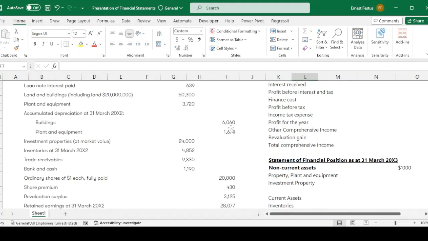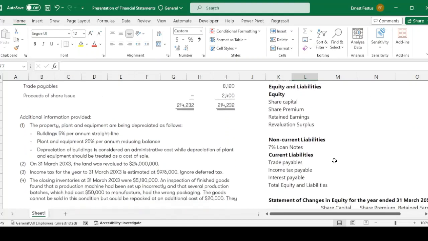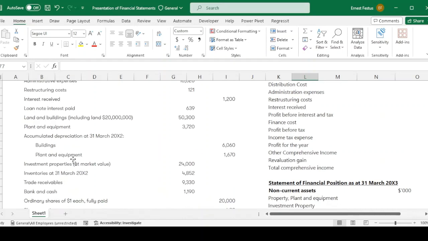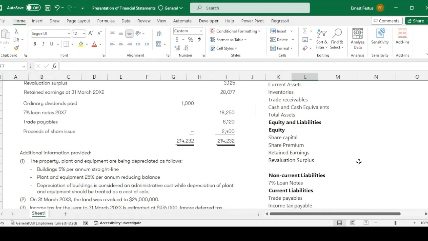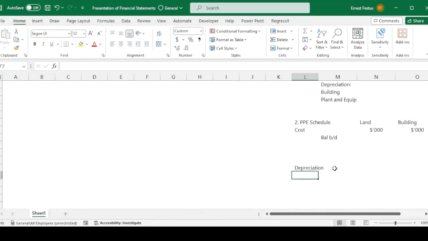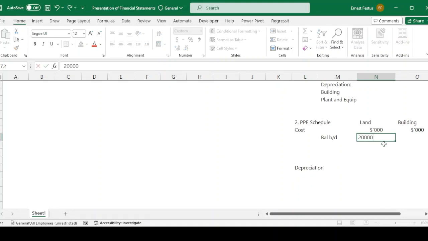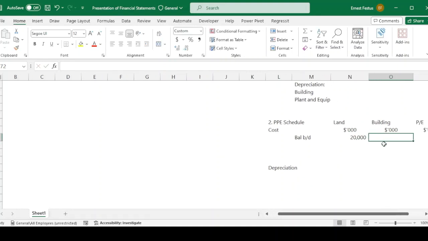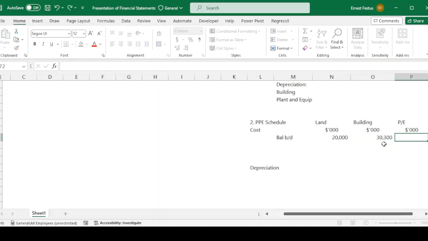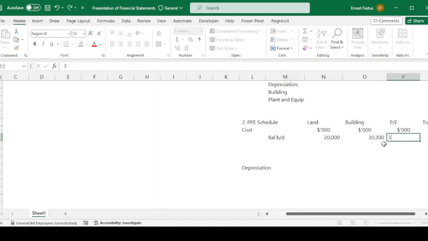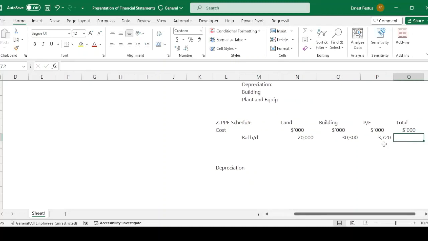Our cost for land is 20,000, and that of the buildings is 30,300. Then we also have our plant and equipment, which will be 3,720. So I'll come here, and for the balance brought down, you have 20,000 for land, 30,300 for building, and 3,720 for plant and equipment. And then I'll have my total here, alt equals, and I have my total there.